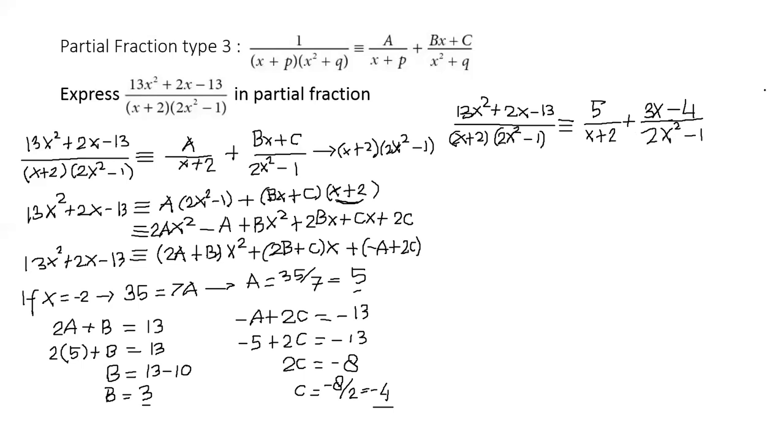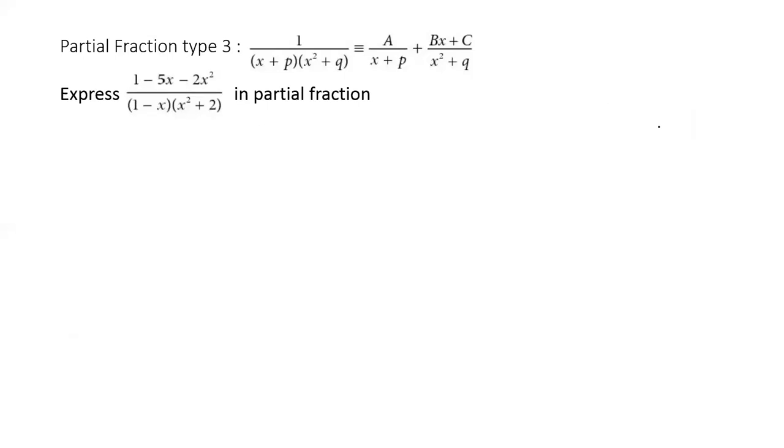So the partial fraction of this expression is 5 over (x plus 2) plus (3x minus 4) over (2x squared minus 1). Okay, let's continue to the next problem.